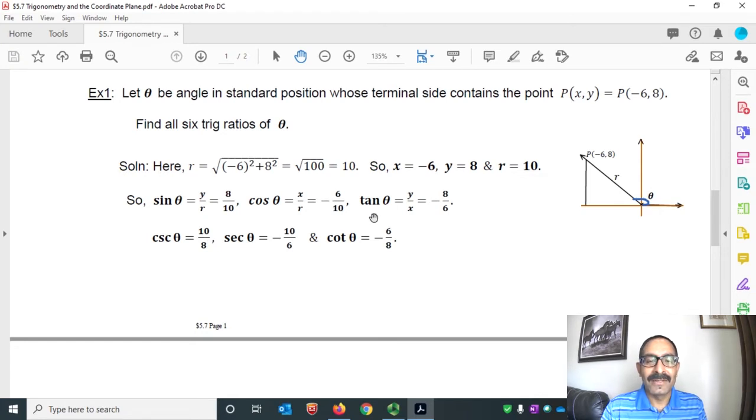And tan theta equals y over x, that is minus 8 over 6. Similarly, we can define cosecant theta, secant theta, and cotangent theta, because these are the reciprocals of sine, cosine, and tan. I hope this makes sense to you all. Now let's move on.